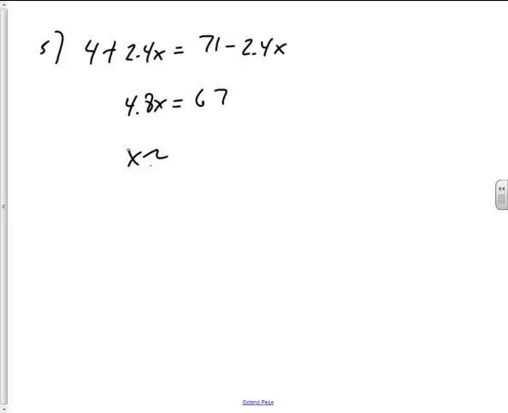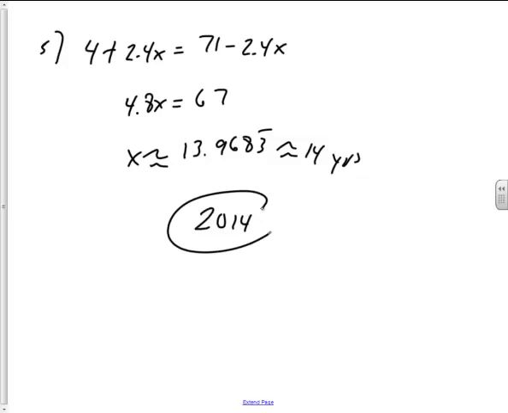So x is going to be approximately 13.968333. So we're going to get approximately 14 years here. So our answer would be 2014. So approximately 2014 is when the population will be the same.